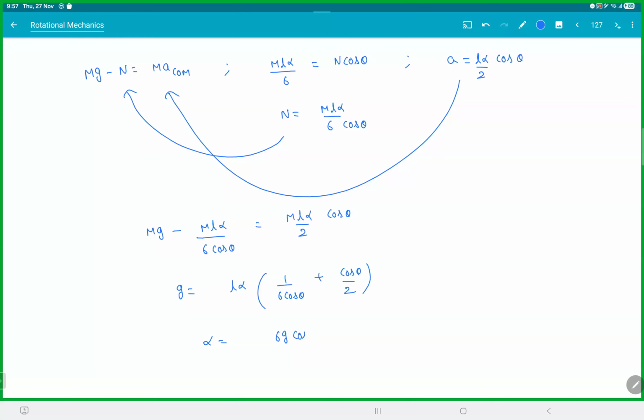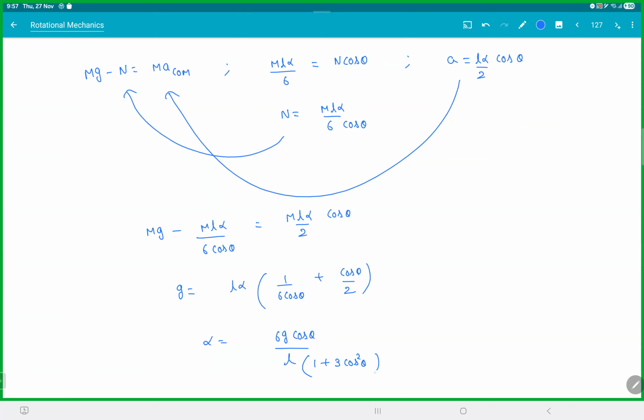That will be 6g cos theta by L. If you multiply 3 there, 1 plus 3 cos square theta.